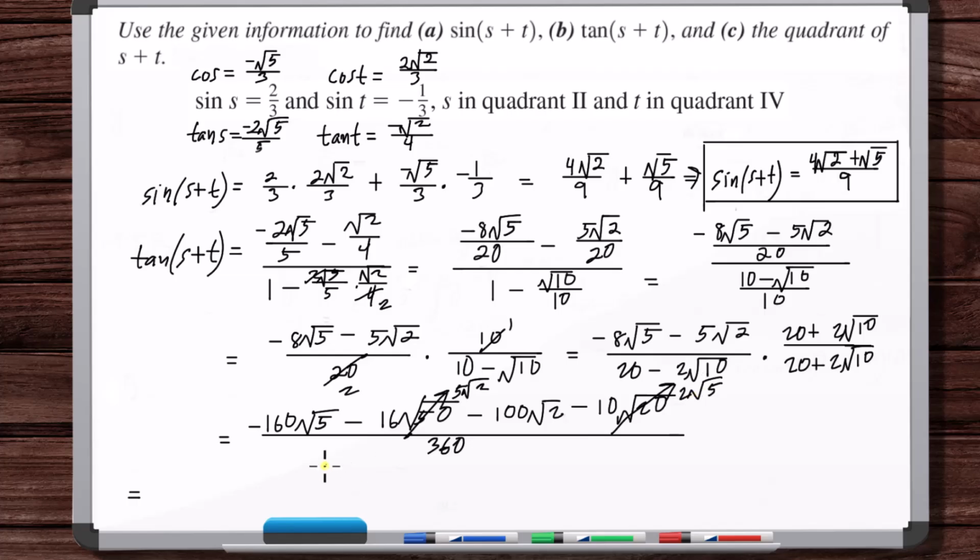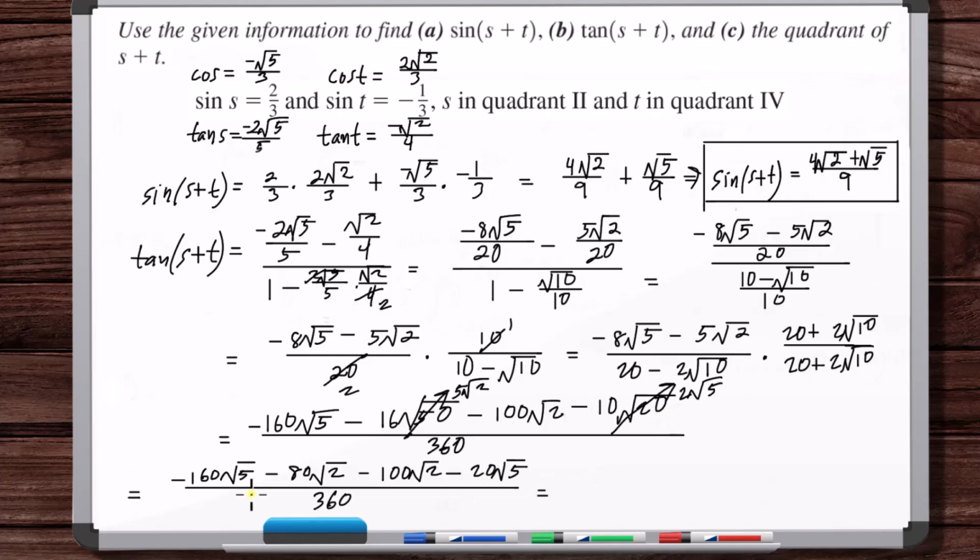So we've got minus 160 root 5. Okay, 16 times 5 is 80, so minus 80 root 2, minus 100 root 2, and then minus 20 root 5, all over 360.